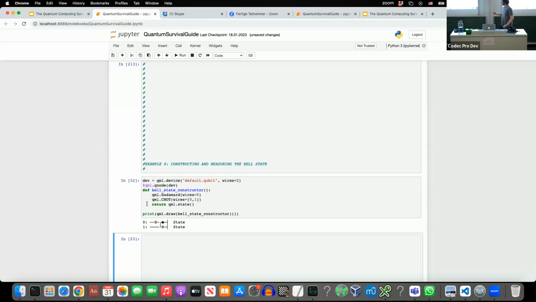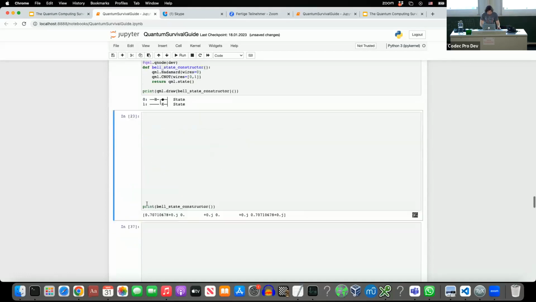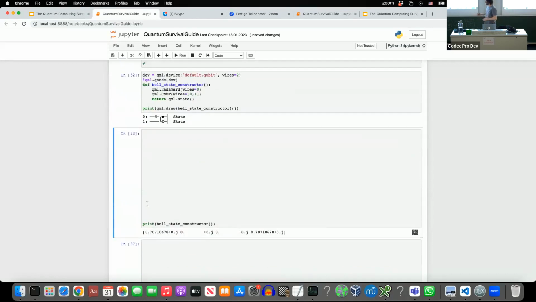So here we can see how this first qubit is passing through this H, and then both qubits are passing through the CNOT gate. And now we're just peeking at what state we get. And if we look at it, we can see that, if you remember that 1 over the square root of 2 is equal to 0.707, et cetera, that we get the Bell state that we want.